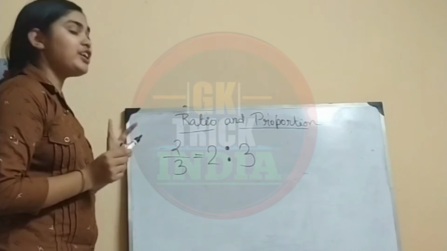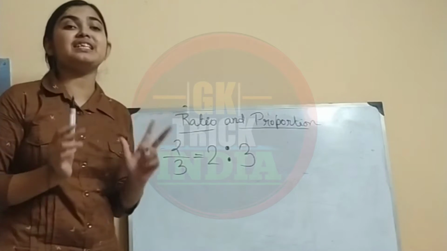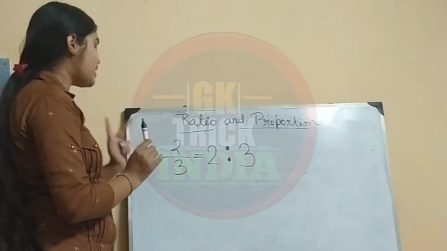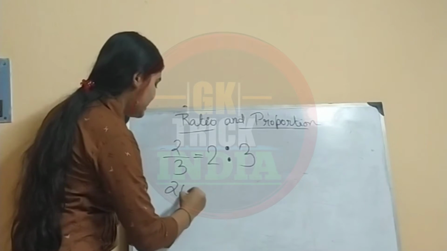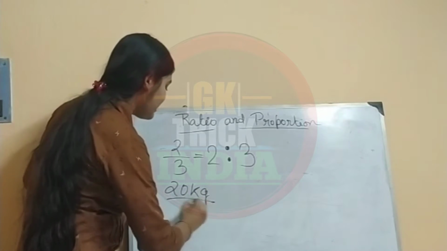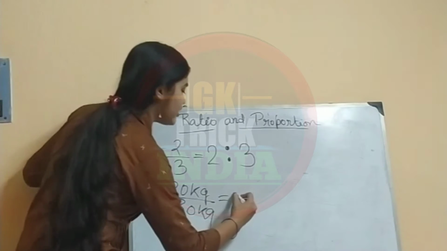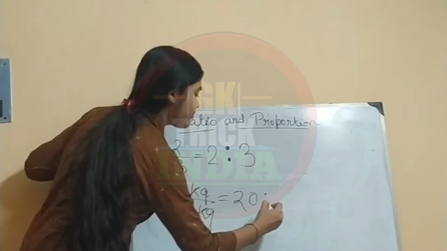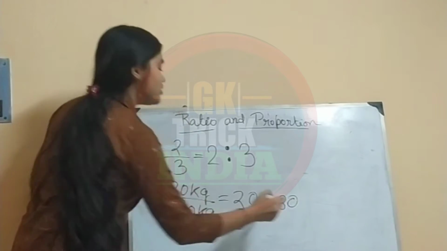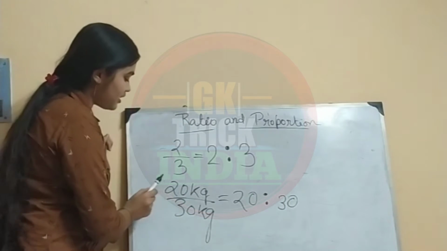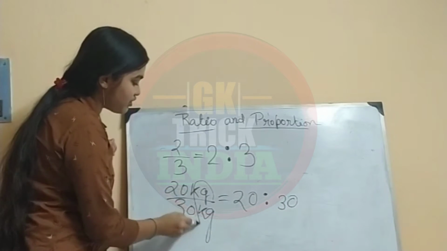But if we take the fraction of two physical quantities having units, like of mass, 20 kg by 30 kg, this can also be written as a ratio in the form 20:30, because both the quantities have the same unit.